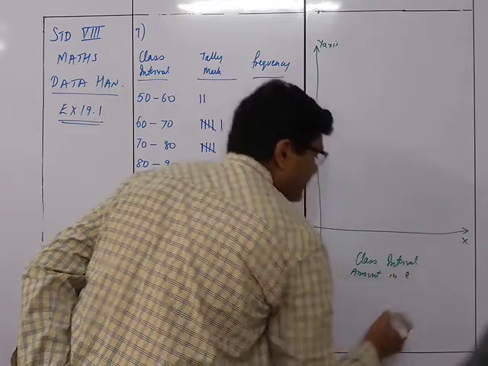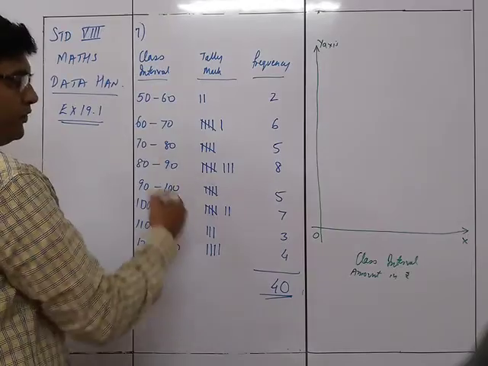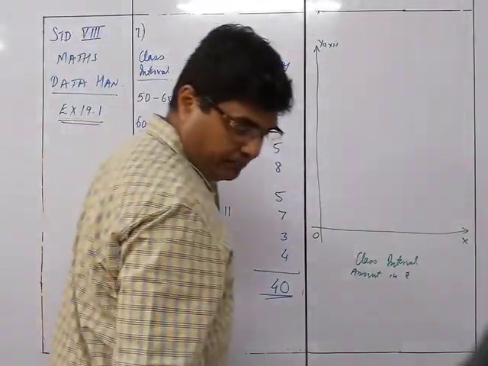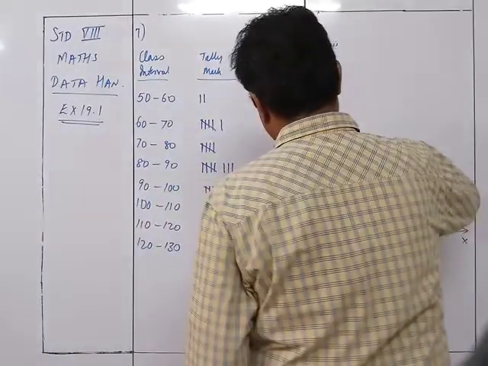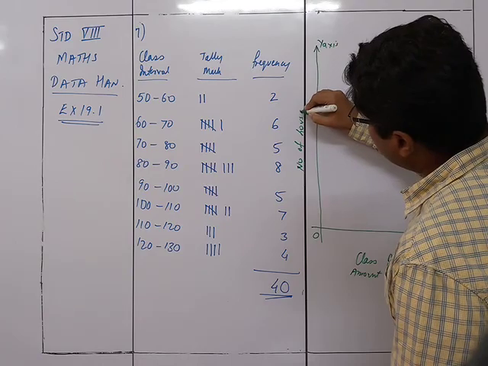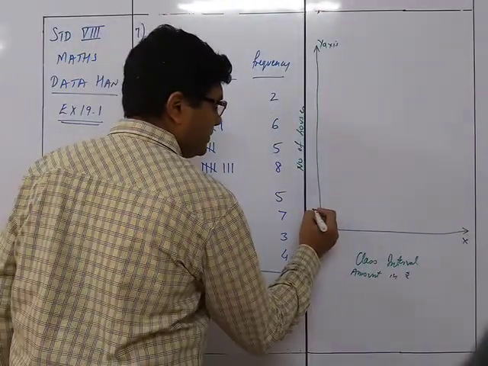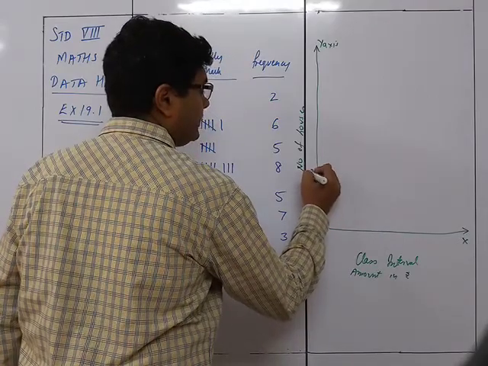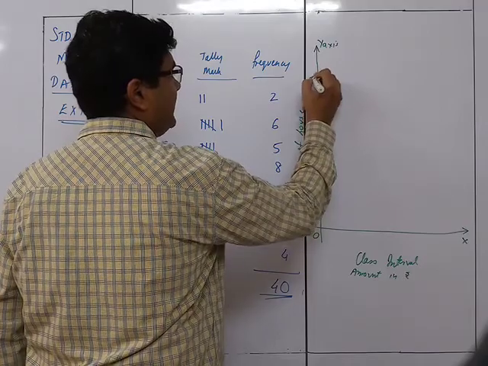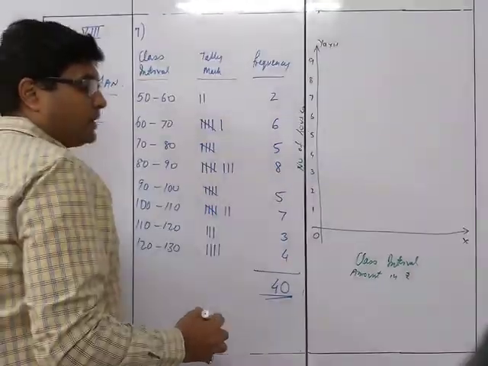Now here on this side is the number of houses. Now see, the maximum is 8, so it is better that I take 1, 2, 3, 4, 5, 6, 7, 8, 9. That is sufficient enough. Now comes this part.